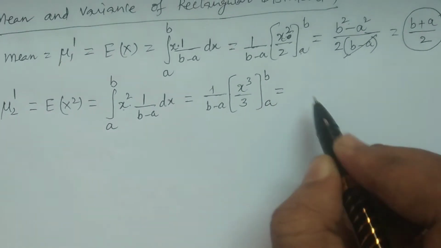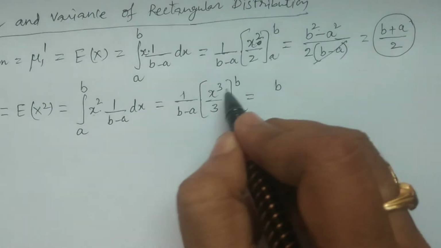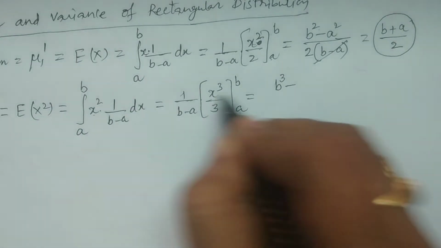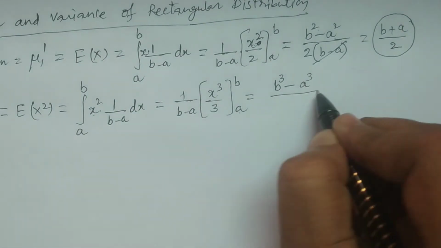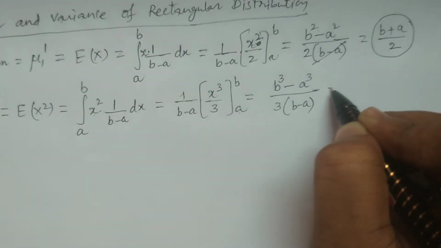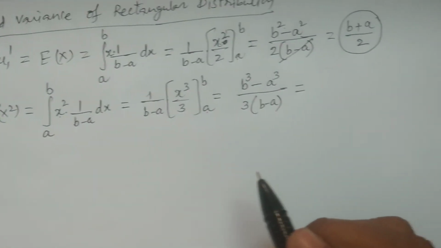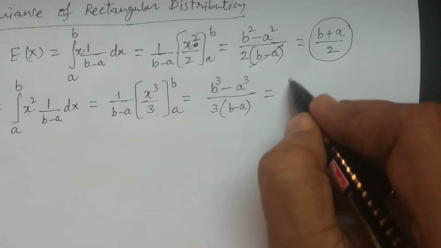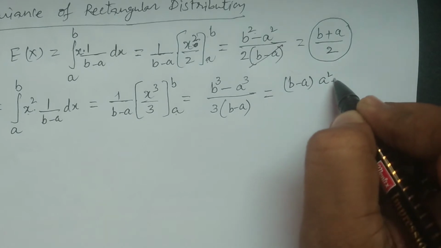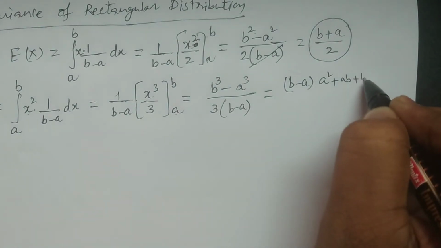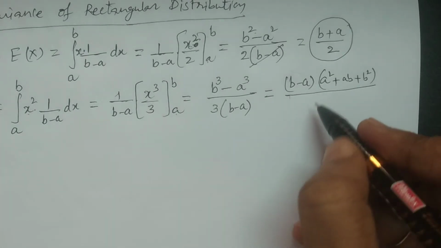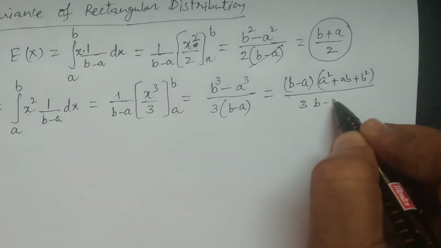Now we apply the limits: upper limit b cube minus lower limit a cube, divided by 3 into b minus a. We can write b cube minus a cube as b minus a into a square plus ab plus b square, divided by 3 into b minus a.